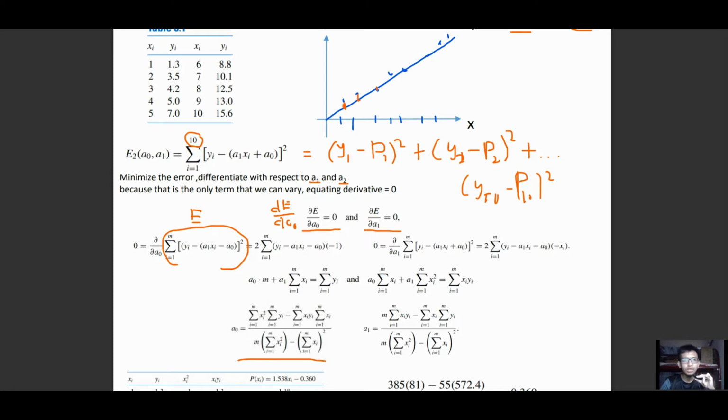And here we differentiate this. Of course, this is dE. dE here is equal to this, and we differentiate these whole terms. We get this: the power we bring in front, and then we differentiate whatever is inside, with respect to A naught.